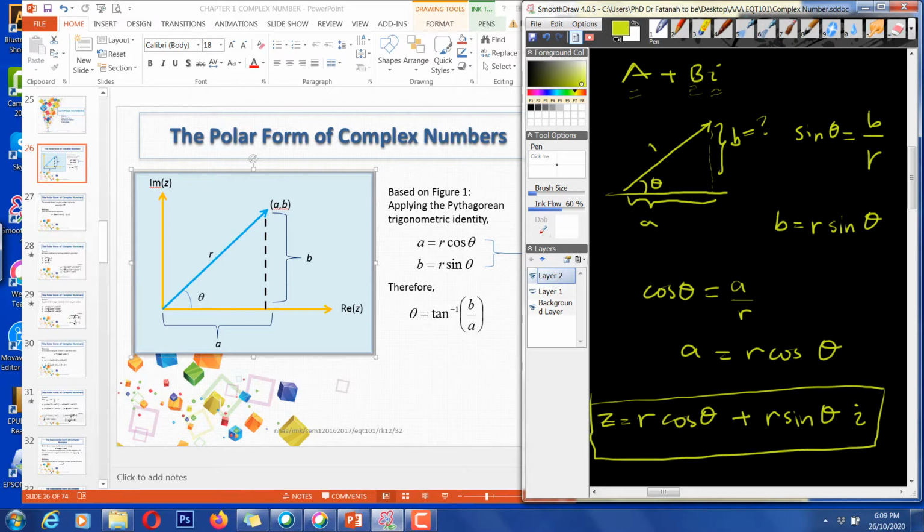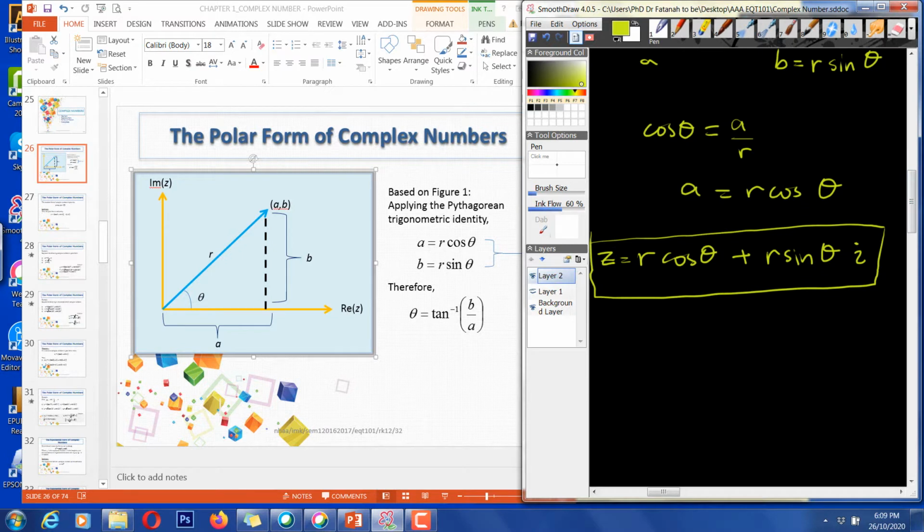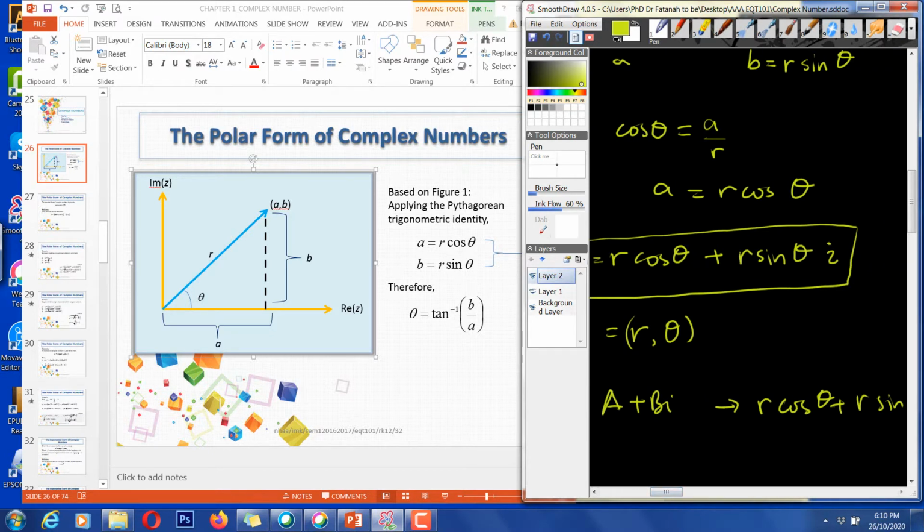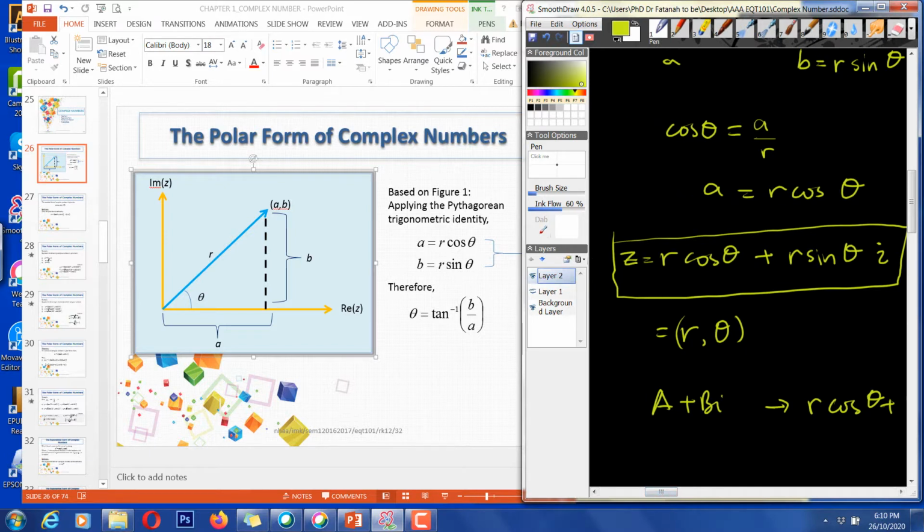We can also represent this as (R, theta) in coordinates, because once we know theta and the hypotenuse, we get the same point we represented as (A, B). Meaning we can transform A plus B I to the polar form R cos theta plus R sin theta I. If we factor out R, we have R (cos theta plus sin theta I), the same thing.